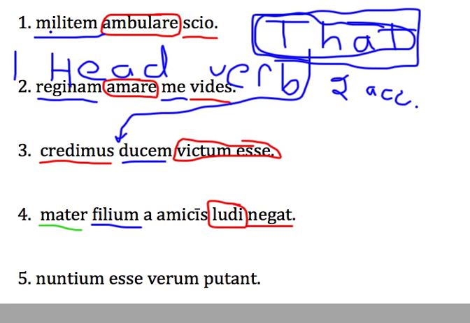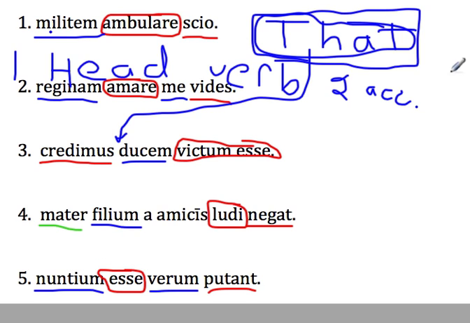Let's see another example. All right. Down here we have a main verb of putant. That means to think. Most of us do that with our heads. We have the word esse, which is an infinitive, right? Sum, esse, fui, futurus, the infinitive of the word to be. And then we have an accusative in nuntium and in verum. So this is another indirect statement. Head verb, accusative subject, infinitive verb.